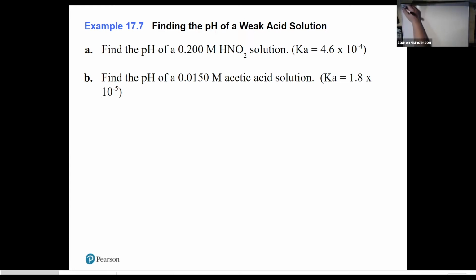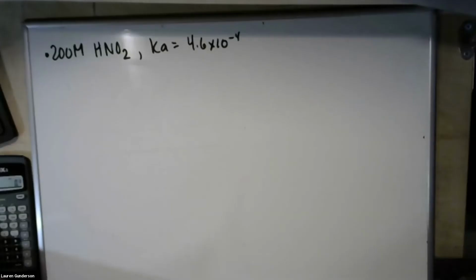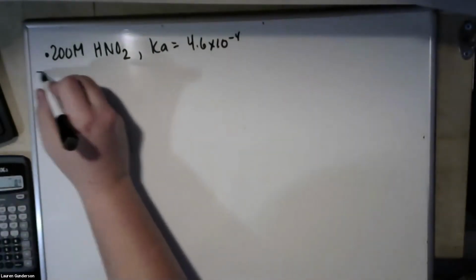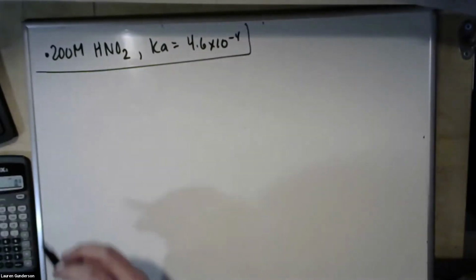Okay, so here we have 0.2 molar HNO2 with a Ka of 4.6 times 10 to the negative 4. All right, so hopefully the process is pretty familiar now.